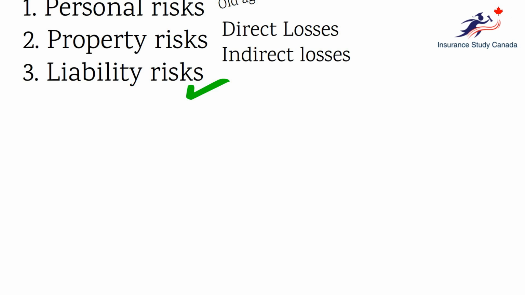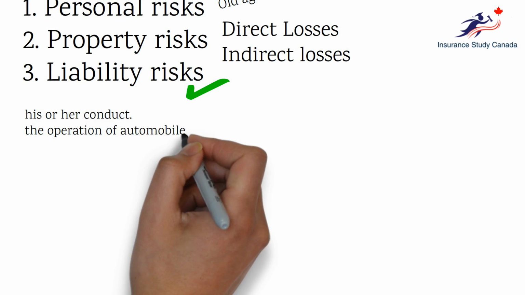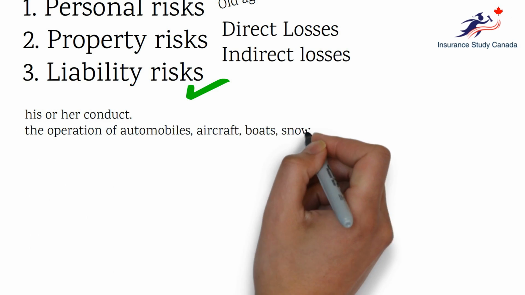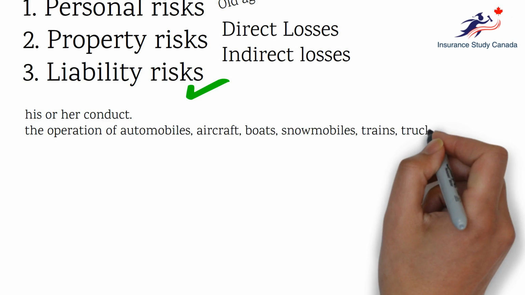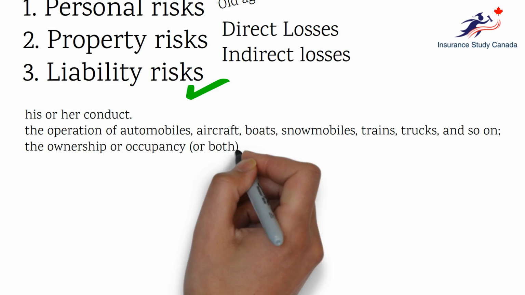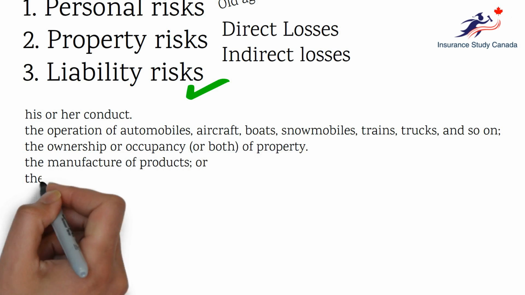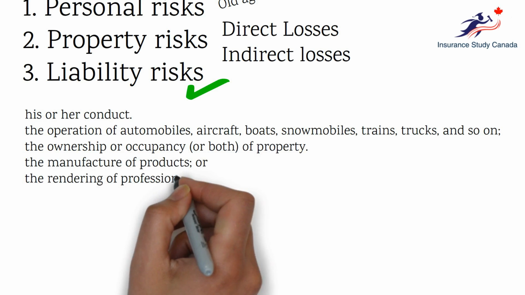This obligation would be based primarily on the individual's negligent acts in relation to his or her conduct, the operation of an automobile, aircraft, snowmobile, truck, etc., the ownership or occupancy of property, the manufacture of any product, and the rendering of professional services.